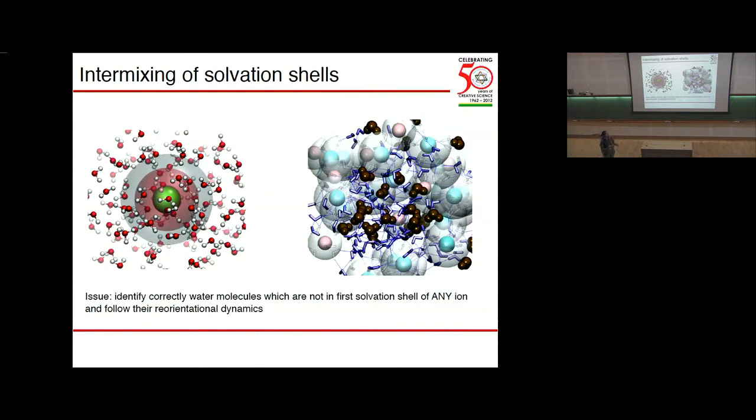If I am trying to look at water molecules beyond the first solvation shell, and I know that they would be very small in number, when I average out these properties I lose that small number. So the problem comes down to identifying those very few water molecules which are beyond the first solvation shell, and whose properties I should be looking at to answer whether there are any effects beyond the first solvation shell.